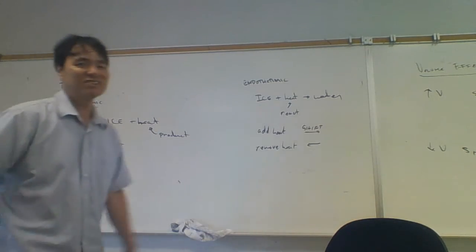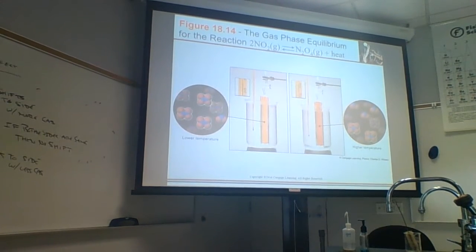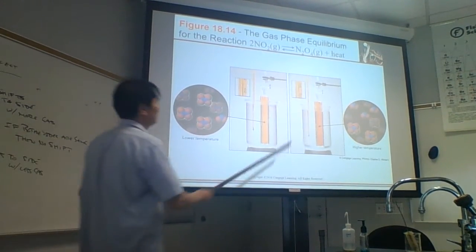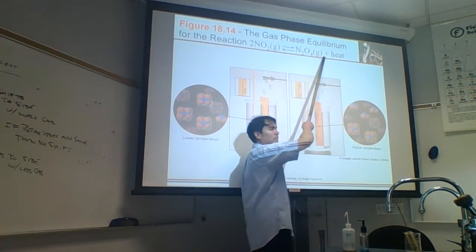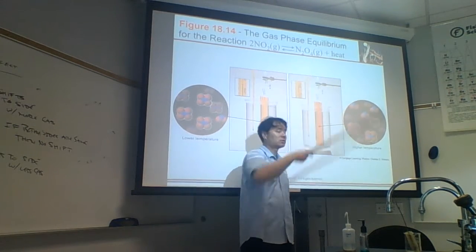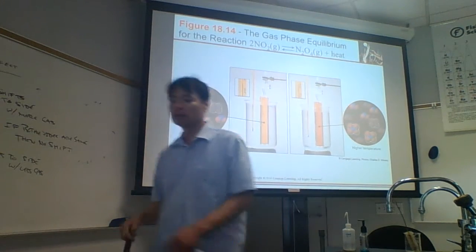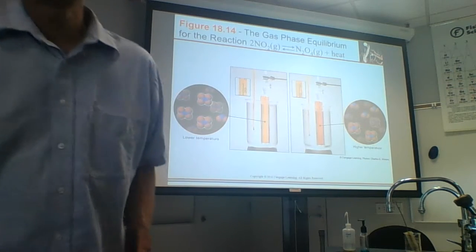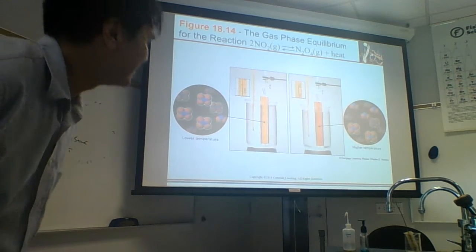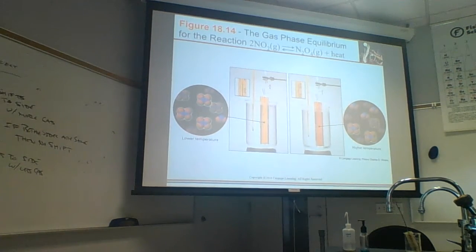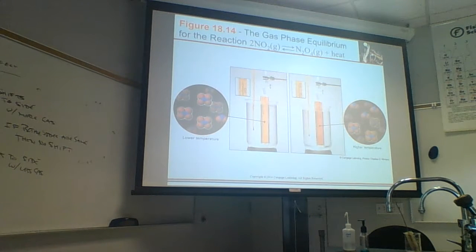Is this an exothermic or is this an endothermic? Is heat a product or heat a reactant? Heat is a product, so we call that exothermic or endothermic? Exothermic. And so here, if we add heat, which way does it shift?